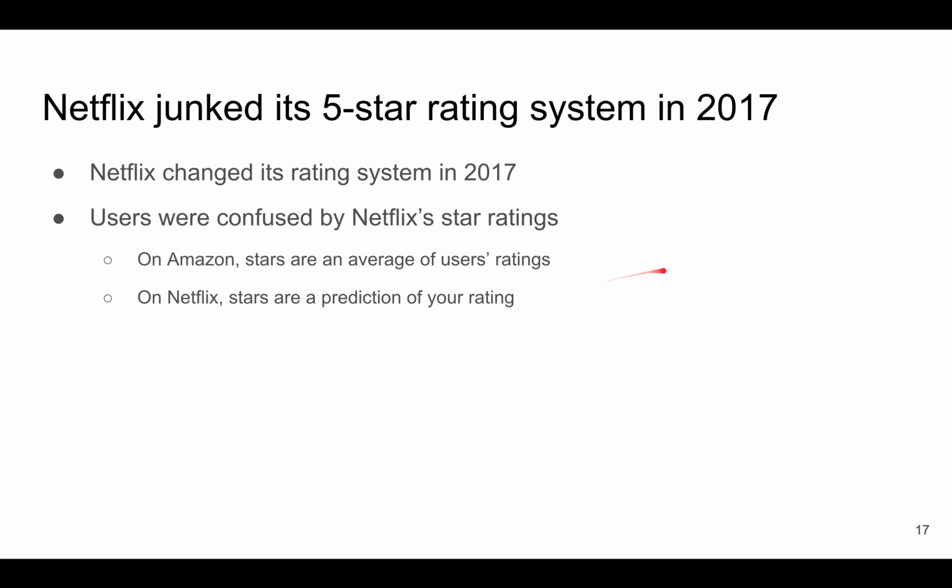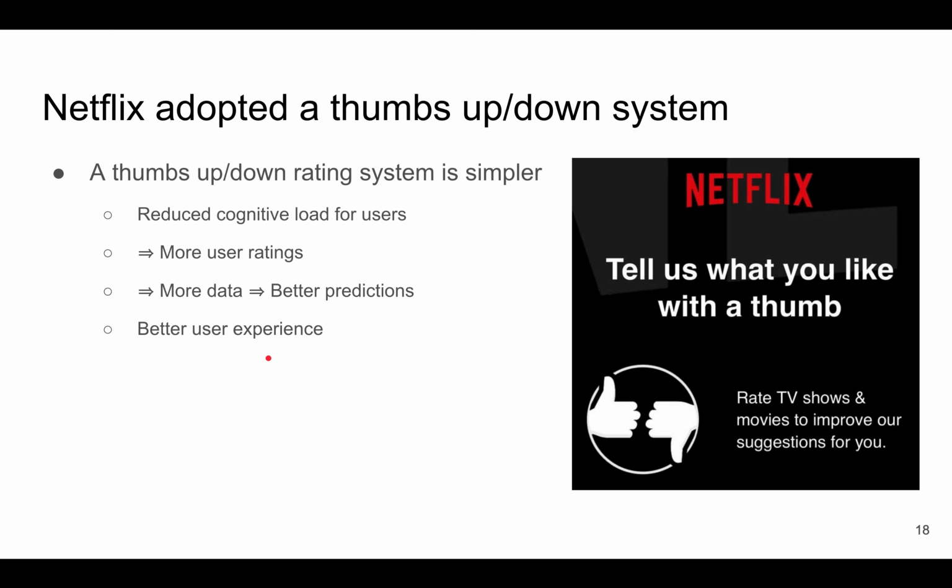And one of the consequences were users felt that there was no point rating a show because if there are, for example, thousands of ratings already, then it's not going to change the stars. But in reality, Netflix wants your ratings so that it can make better predictions. So Netflix switched to a thumbs up or thumbs down system.